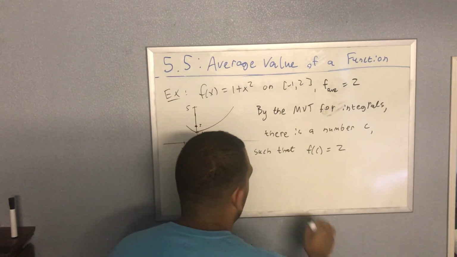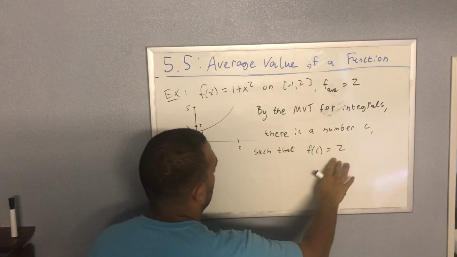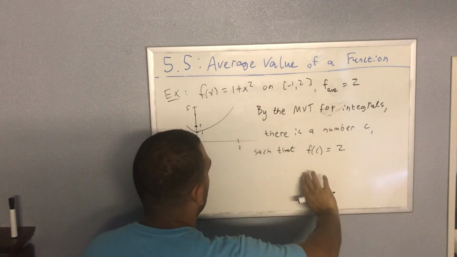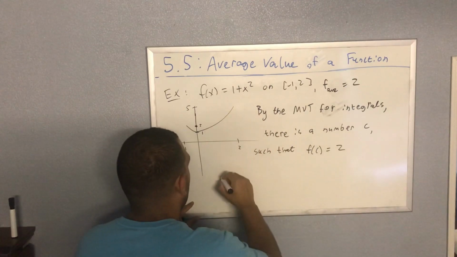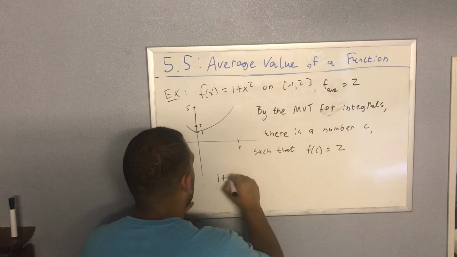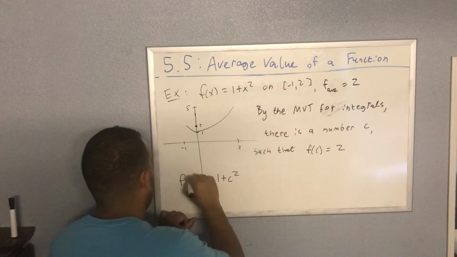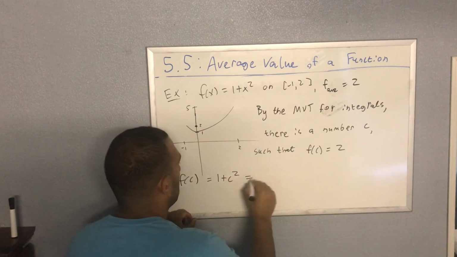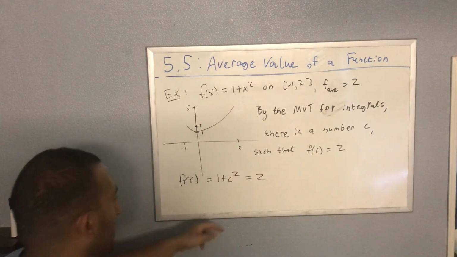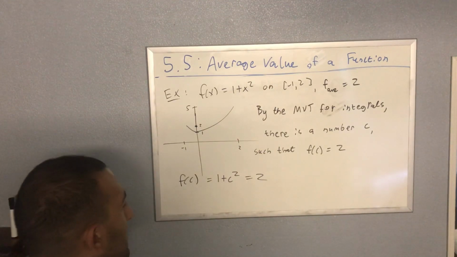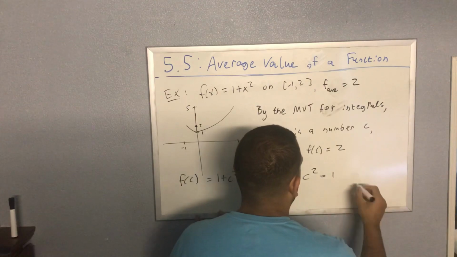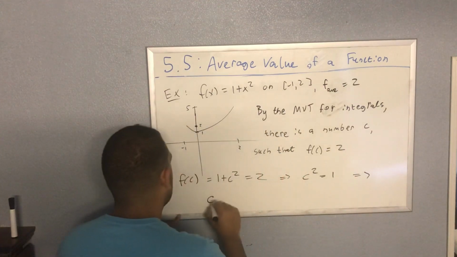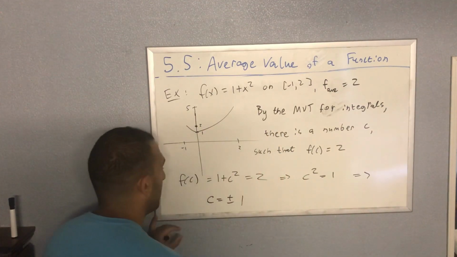And so we know that there's at least one number where this is true, but we can calculate it. Because what is f of c? Well, stick c into this. f of c is 1 plus c squared. And then if you set that equal to 2, you can actually solve for what c is. Subtract 1, so c squared is 1, and then take the square root. This means that c is plus or minus 1.